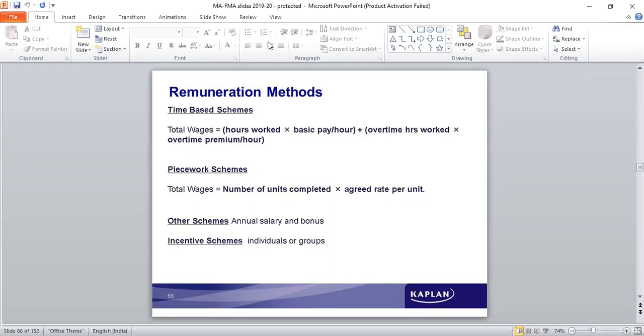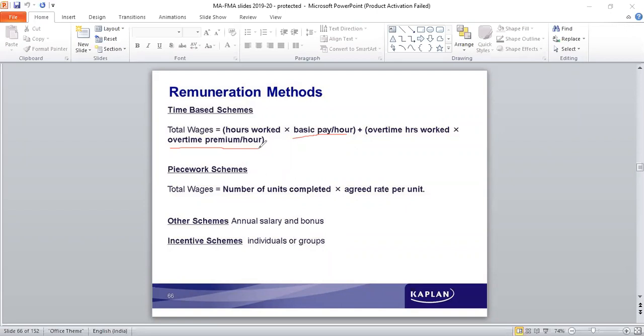Otherwise, normally, whatever is the basic rate per hour is taken, but the overtime hours worked are paid at a premium value. Normally the premium is 1.5 times the regular basic pay.